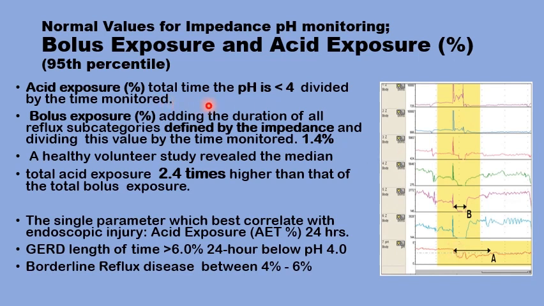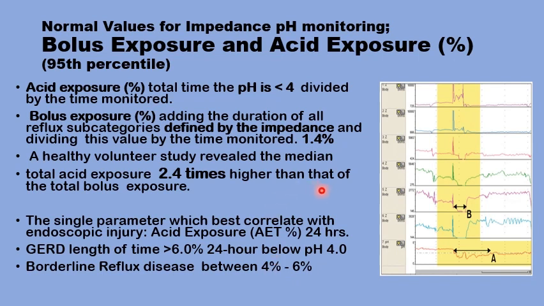This would give the most relevant single parameter that we are looking for to establish a reflux disease, the acid exposure time. If this in 24 hours is more than 6%, then this confirms gastroesophageal reflux disease. If it is between 4% and 6% of the time, then this is a borderline type of reflux disease. If it is less than 4% of the time with acid exposure, then this can be passed as normal.